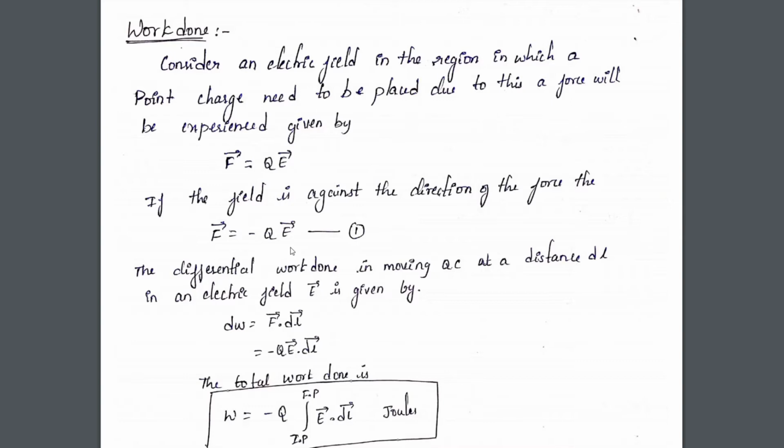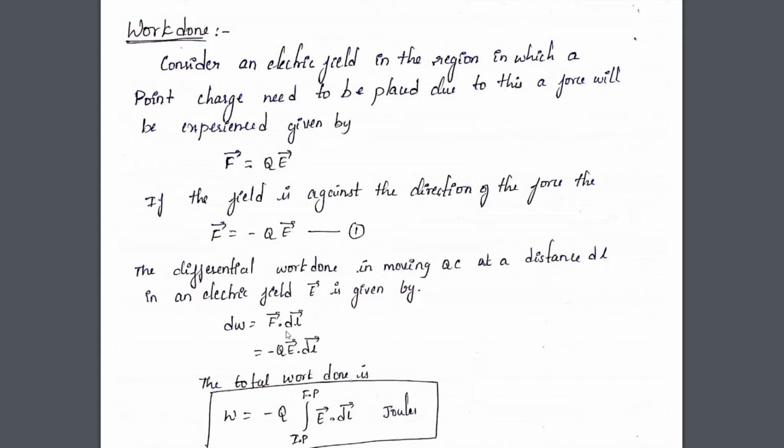Then if you consider the work done, it is the amount of force into displacement. Differential work done, dW, is equal to F dot dl. If it is only W, it is F into D. But for differential work done, it is the product of force into displacement, that is F dot dl.